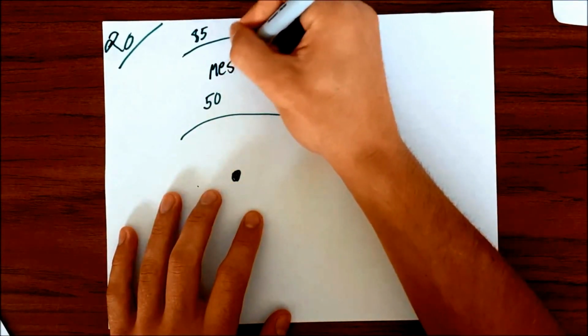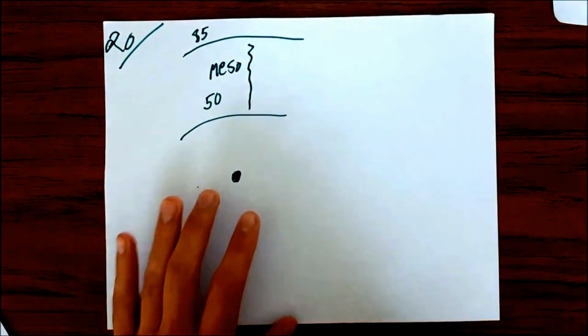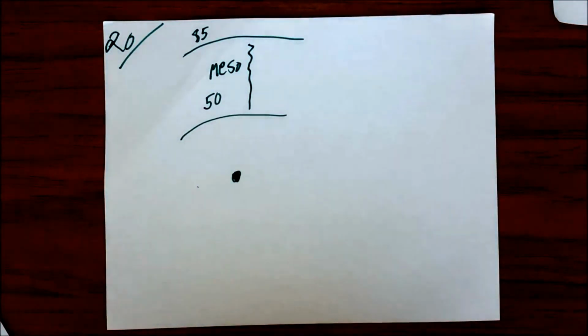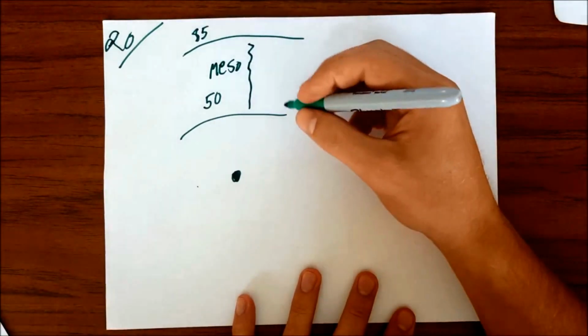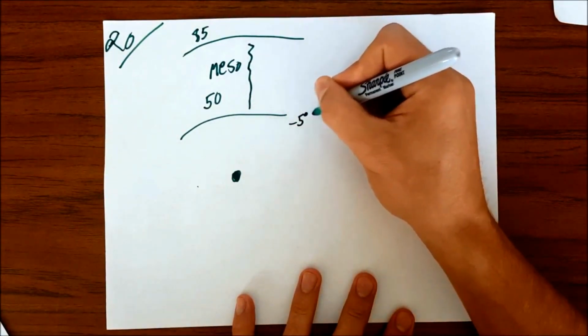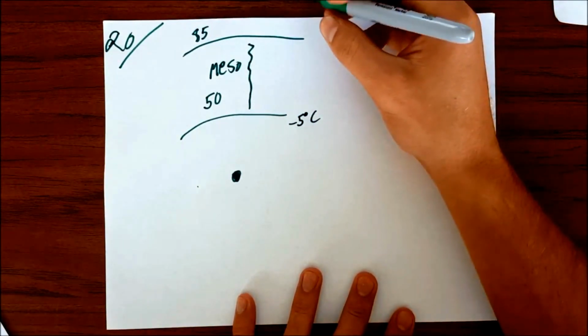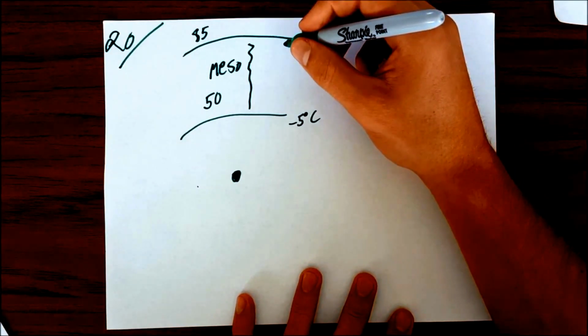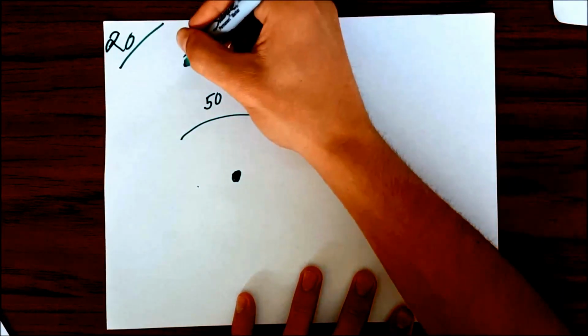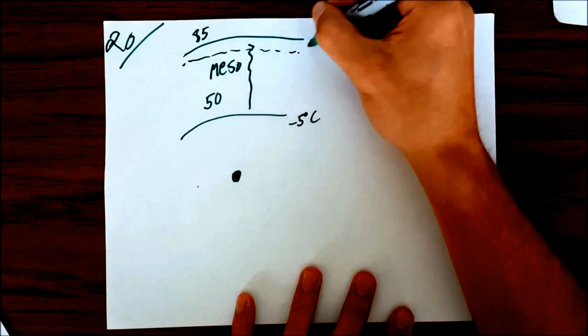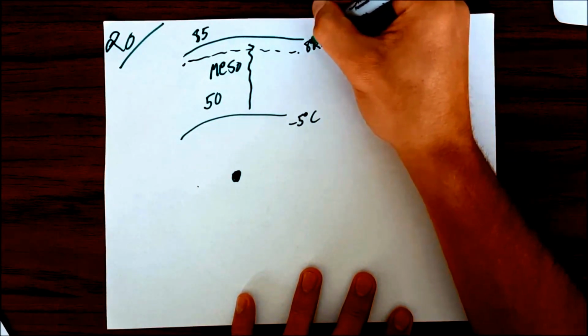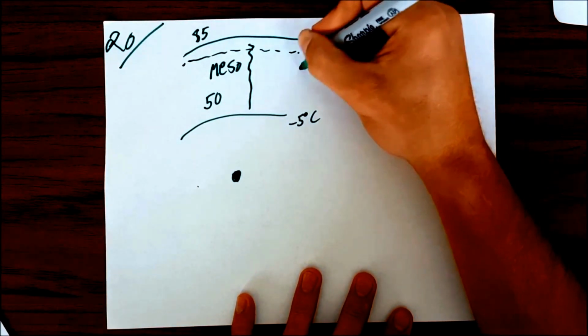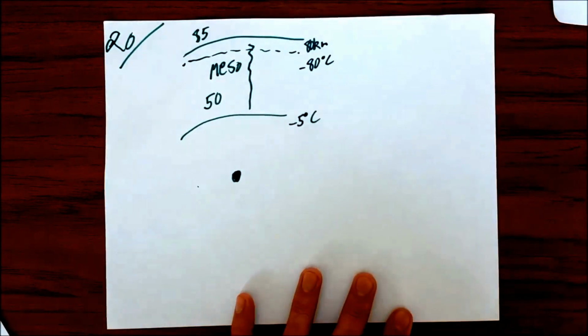Mesosphere, meso, right, just in the middle. So at a distance 50 kilometers from the Earth's surface, the temperature is minus 5 degrees Celsius. And at a distance 80 kilometers from the surface, so let's draw another line, 80 km, it's going to be minus 80 degrees Celsius, okay?